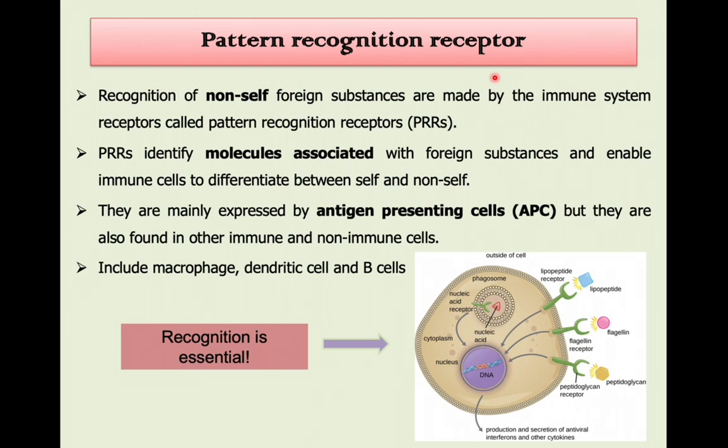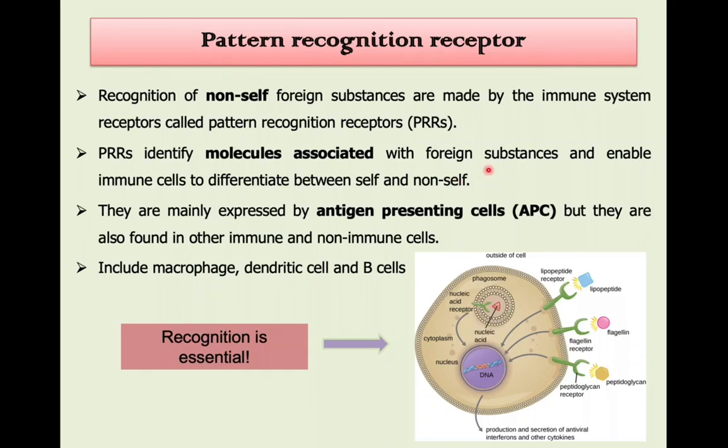So basically it identifies molecules associated with a foreign substance and enables immune cells to differentiate between self and non-self. Okay, so basically dia boleh recognize any foreign substance yang dihasilkan daripada non-self part, which is pathogen ke bacteria ke whatsoever lah.